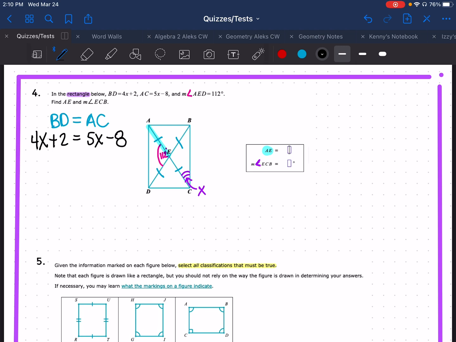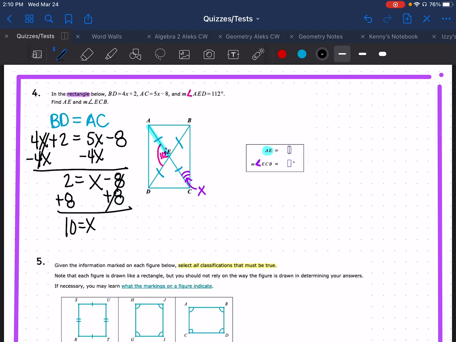I'm going to solve this equation, and then we'll do some substitution once again. Oh, nice. We got just x plus 8. X is 10. Perfect. Okay, so BD and AC are the whole thing, but they're only asking for this little piece right here.